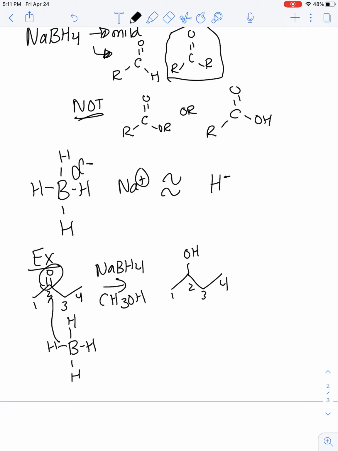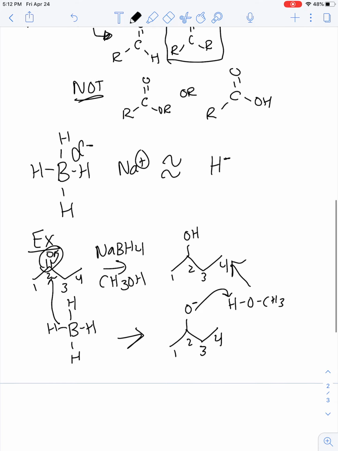Hydrogen goes in this position, the electrons go to oxygen, and we have O minus. Then it can take the proton from our solvent, and that would give us this product right here.